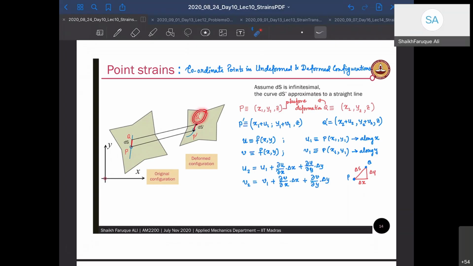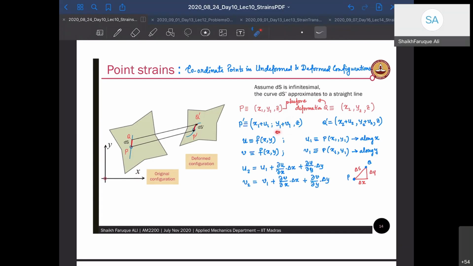Similarly, Q will also have changes along X as well as Y direction, right? So P was X1, Y1, and Z. P dash will be X1 plus U1, Y1 plus V1, comma Z. So the coordinates of P dash are away from P by U1 along X and V1 along Y direction. It's a new coordinate.